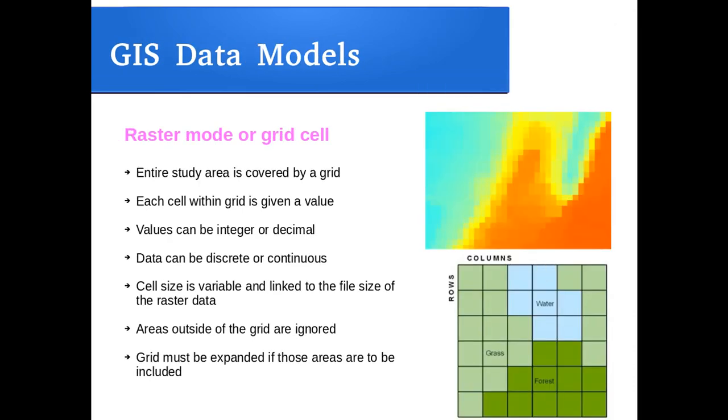A second type of data that is used to model the information is the raster mode, or grid cell, which is similar to the polygon mode, but the only difference is that it doesn't have the same level of detail when we speak about shapes, because the information is represented as cells that you can see as pixels, and in that kind of data structure, each cell has its own values.